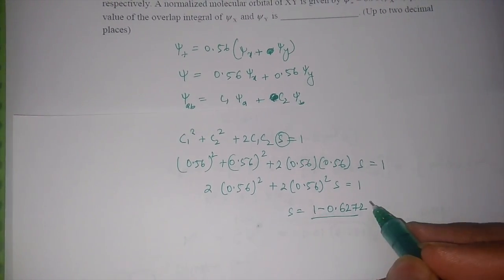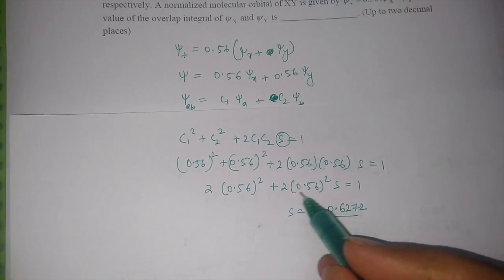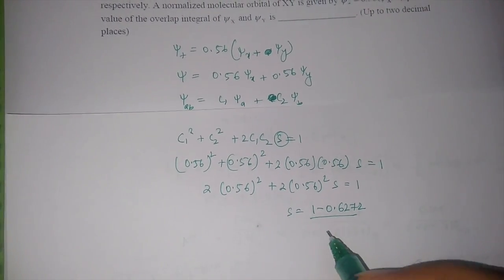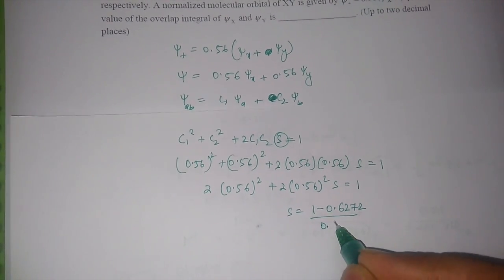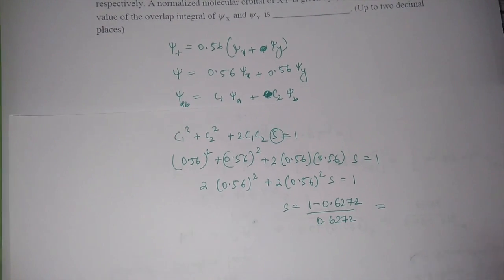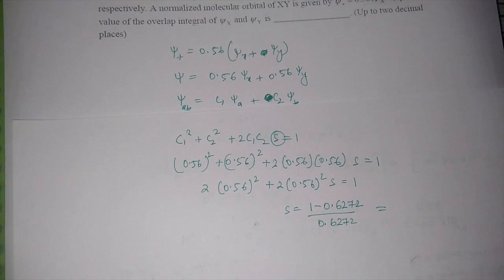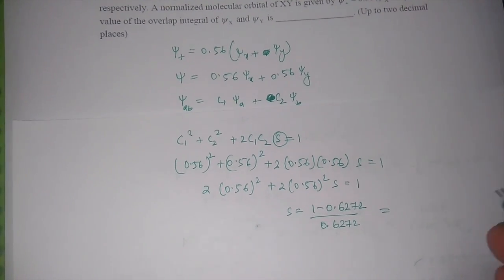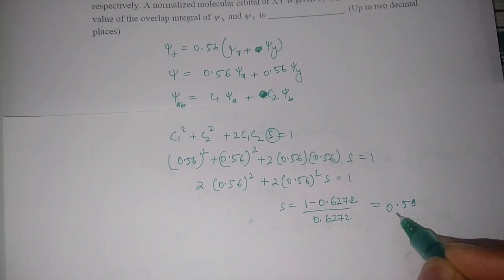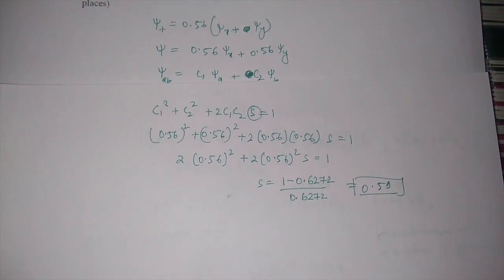That will go to the other side and be negative, and the term multiplying s will come in the denominator, so 0.6272. When you solve the numerator and the denominator, the answer you get is 0.59. So this will be your overlap integral. Like this you have to do this kind of question.